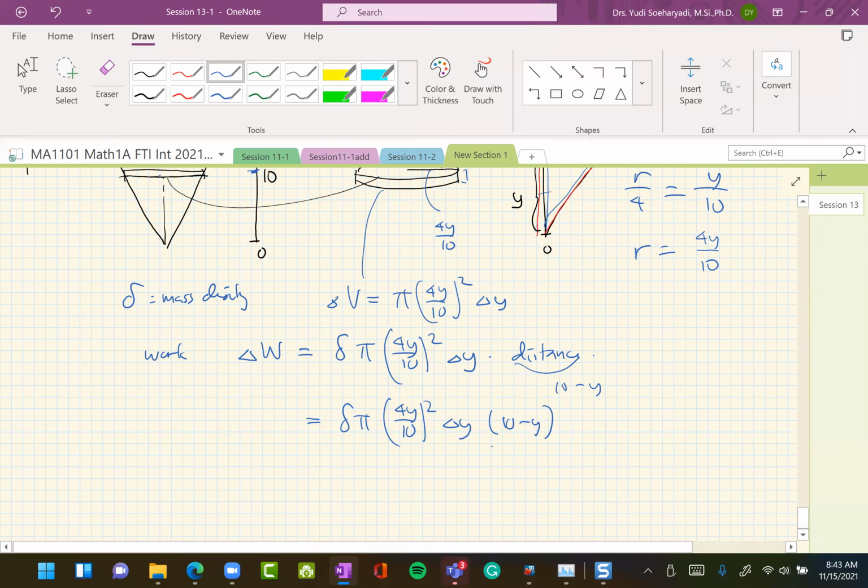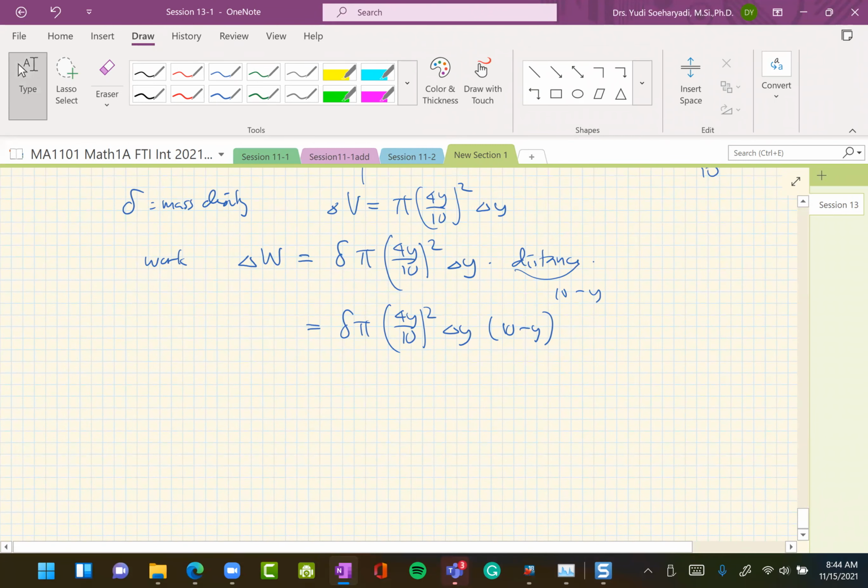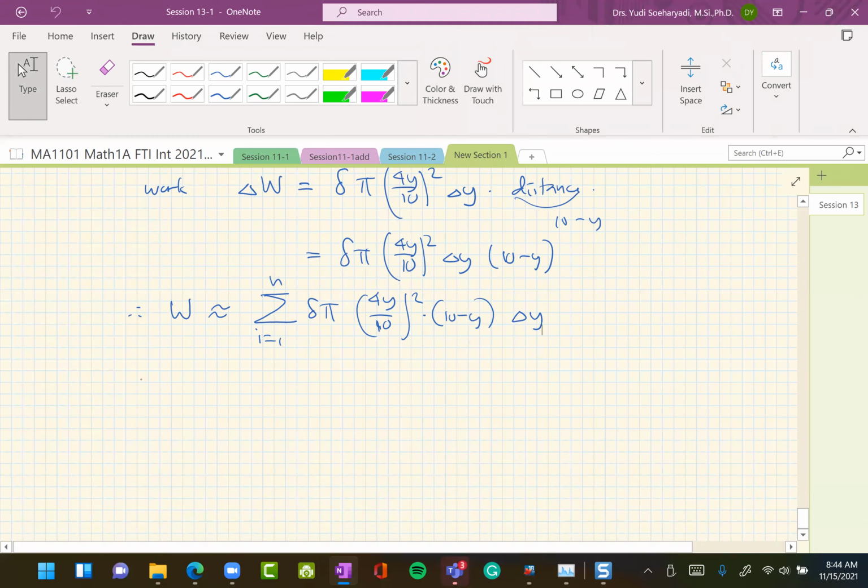Now we can compute the work done by this force, which is approximately the sum of delta pi R squared times 10 minus y. What if this is equal?